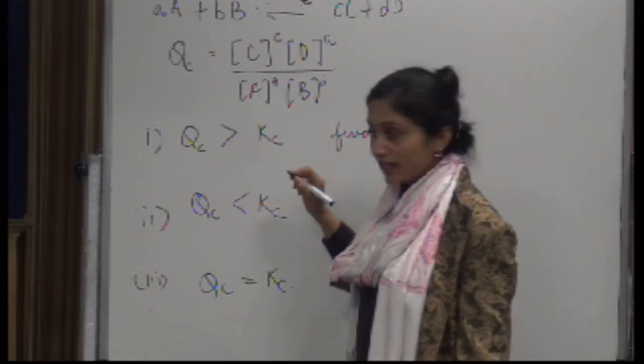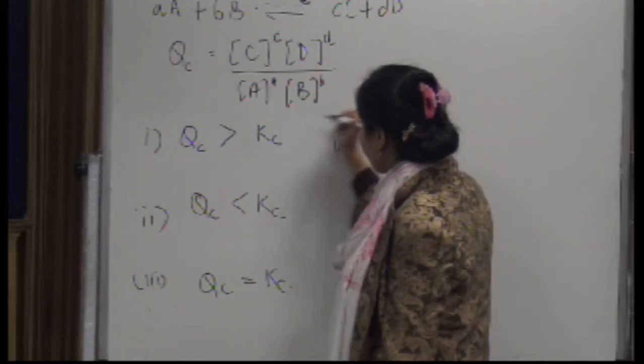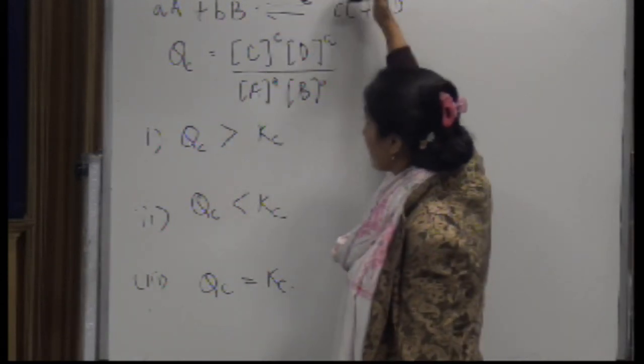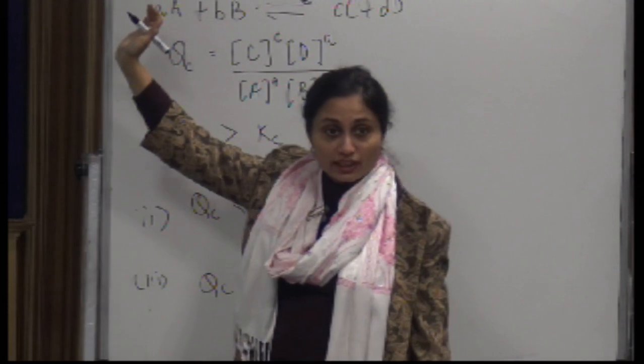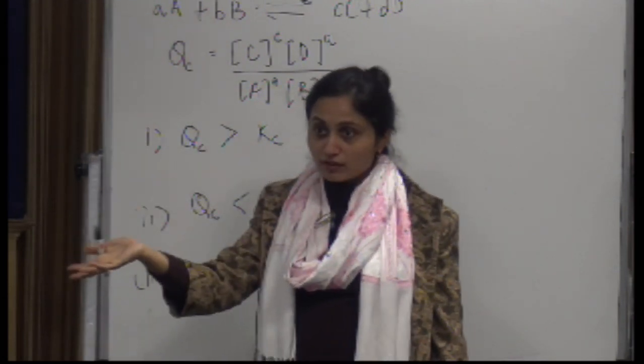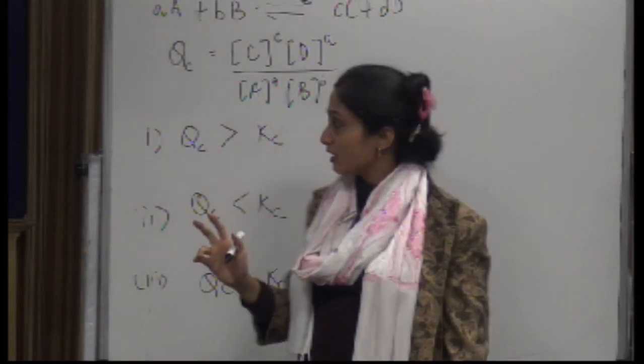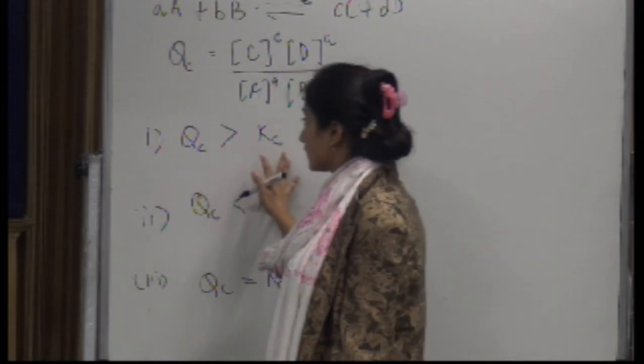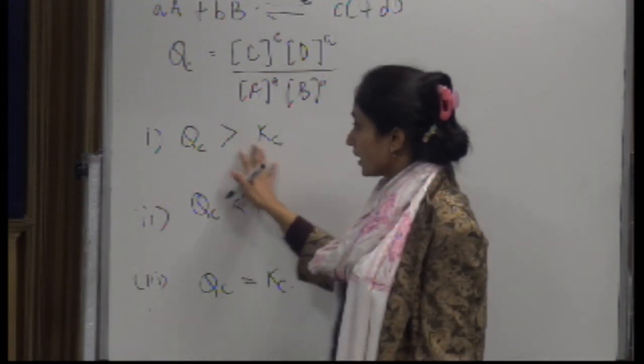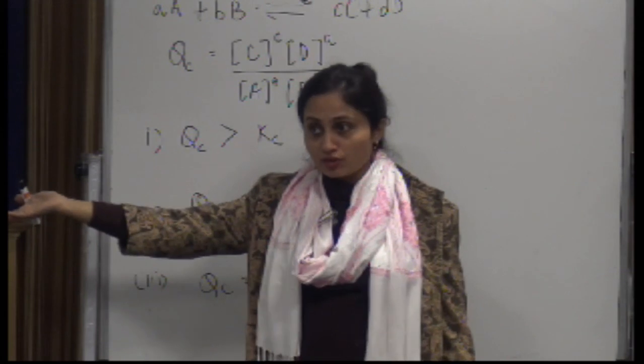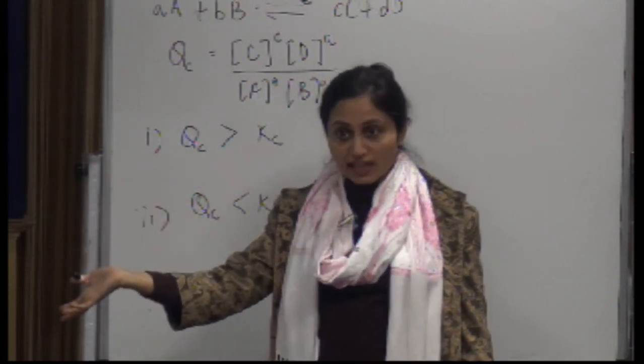If they have been formed in greater amount, in which direction will the reaction move? Backward. Is this making sense? I repeat it again. If Qc is greater than Kc, it means the reaction has gone ahead of equilibrium. Products have been formed in extra amount.